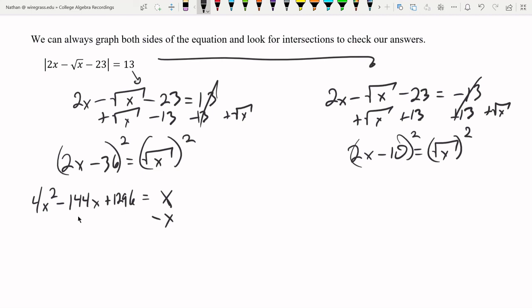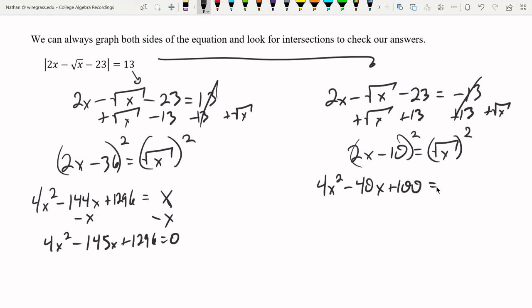And now all I have to do is subtract x. And on this side, we're going to have 4x squared minus 40x plus 100 equals x, and subtract x.